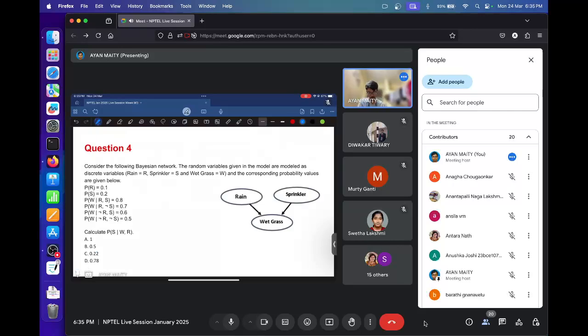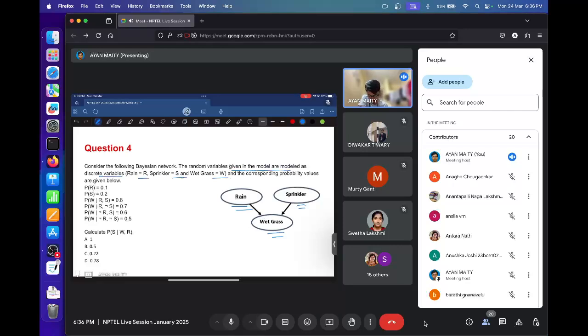Question 4. Consider the following Bayesian network containing three variables: rain, sprinkler, and wet grass. The random variables in the given model are modeled as discrete variables: rain, sprinkler, wet grass, and these are binary variables.